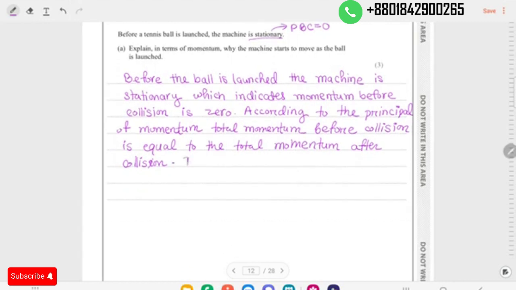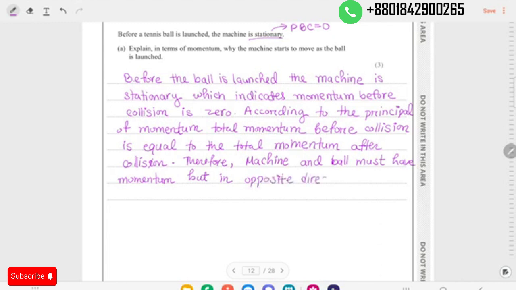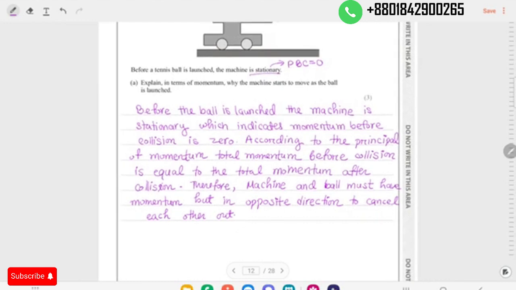So the last line would be: therefore machine and ball must have equal momentum, but in opposite direction, to cancel each other out. Okay, so yeah, this was it for 15A.